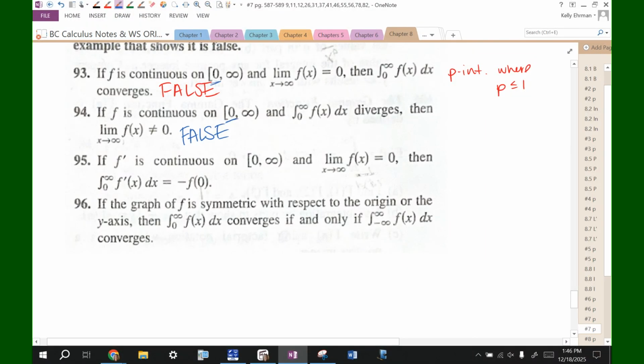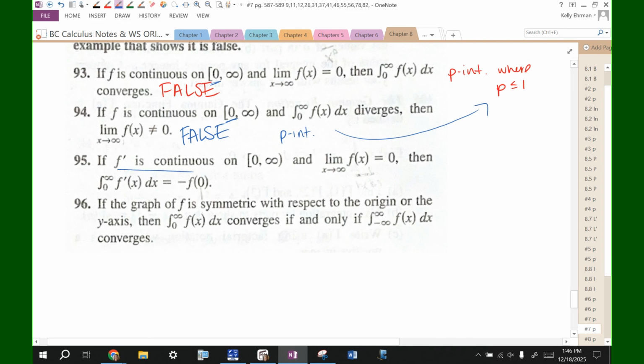Even if I shifted them over one and had something that's decreasing, but just decreasing slowly, its terms could still be approaching zero. It's just not approaching zero fast enough to decrease. We'll talk more about this in chapter 9, but I'm going to say the same thing. P integrals.